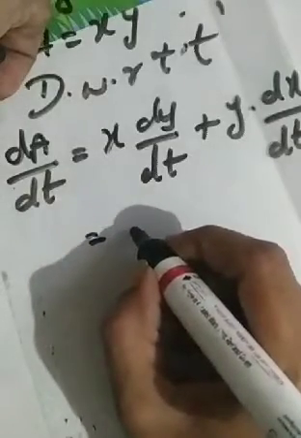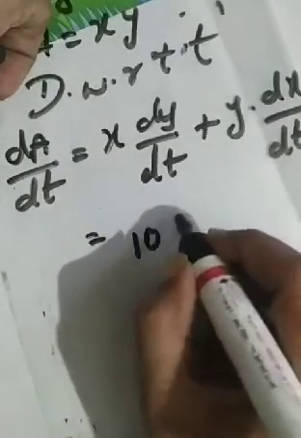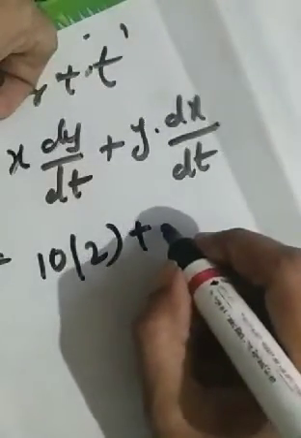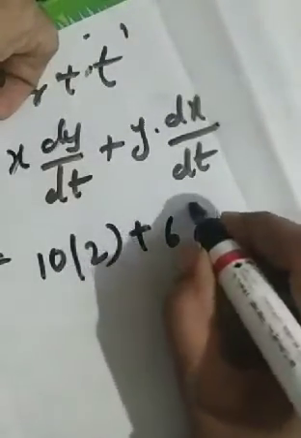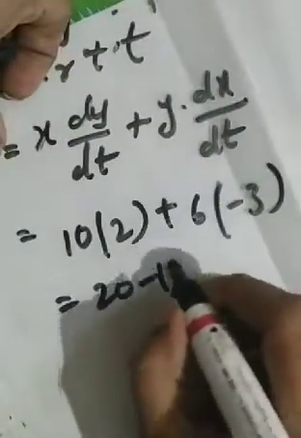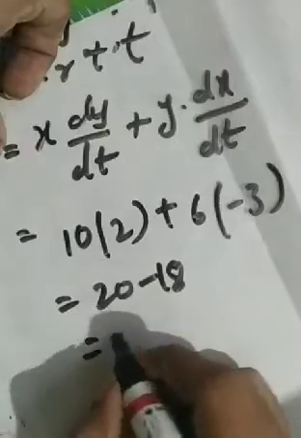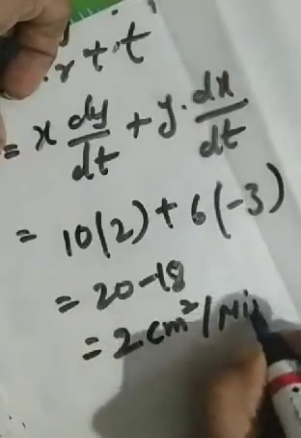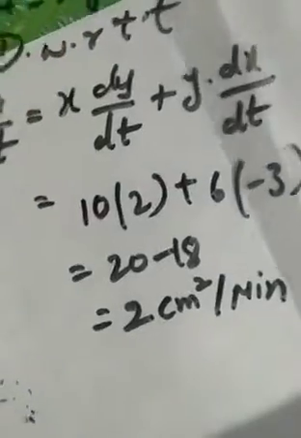The x value is 10. dy by dt is 2 and the y value is 6. dx by dt is -3, which is equal to 20 minus 18, which is equal to 2 centimeter square per minute.